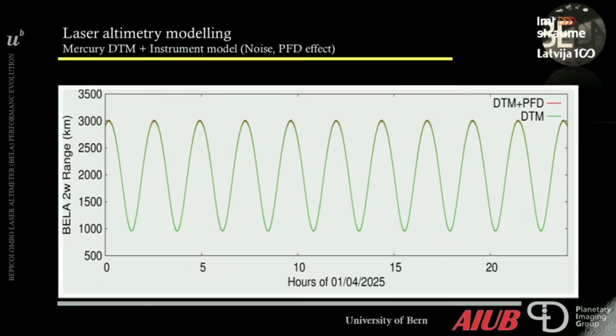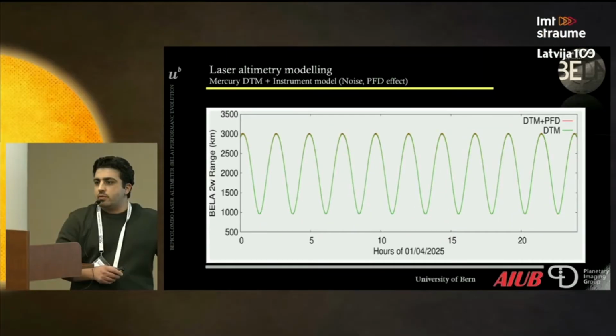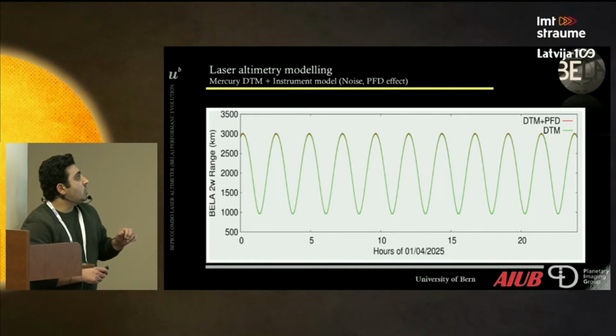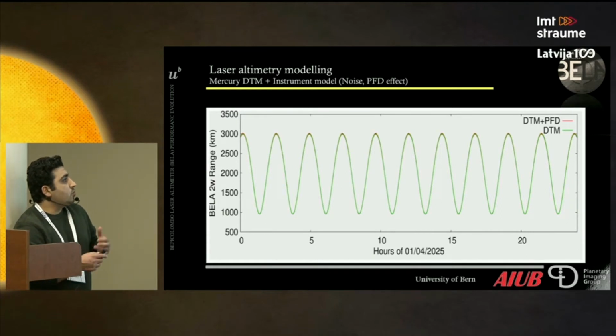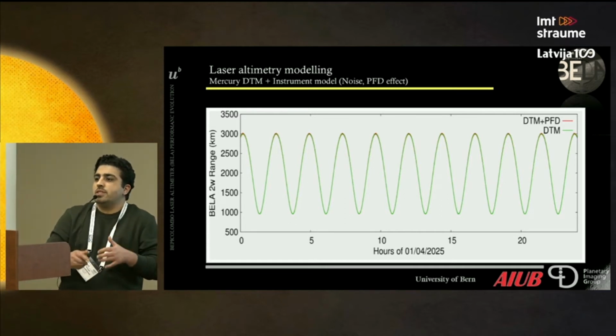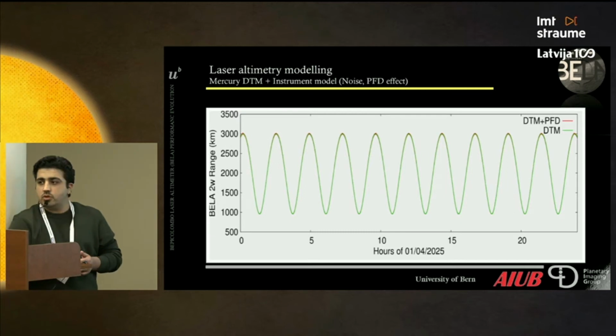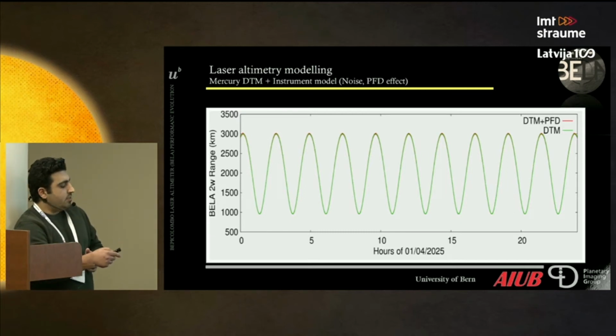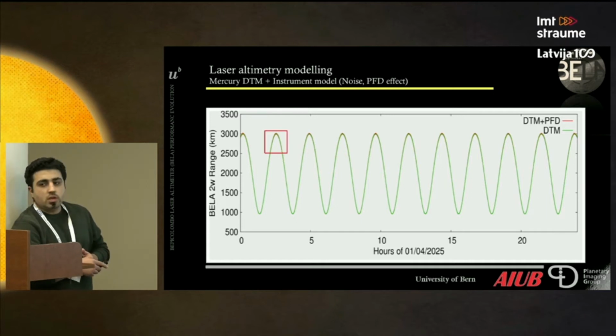We used this table, the latest probability of false detection data, to make the instrument model, and here is the simulated range. You can see the green line is our model without using the instrument model, and if we use the instrument model, you can see some red points here, which show the effect of probability of false detection on the result.